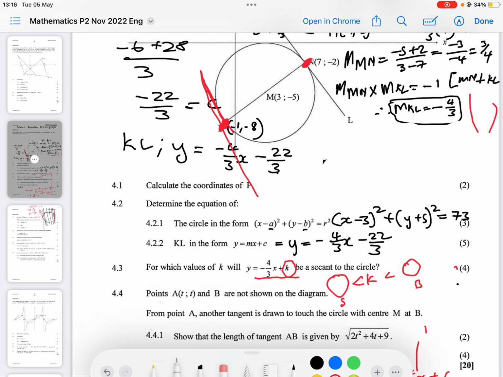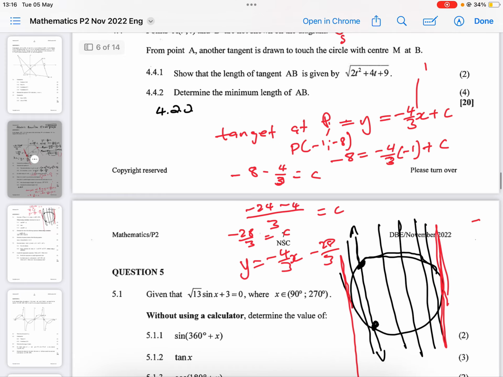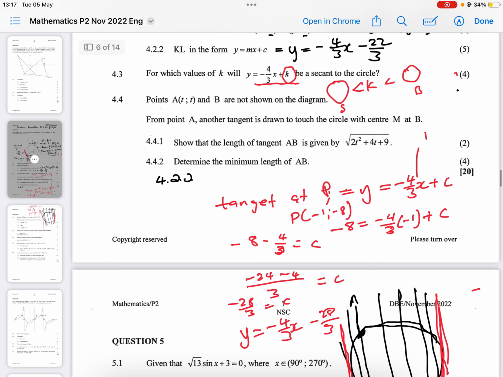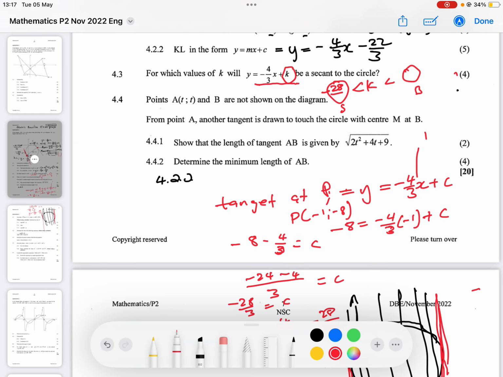The other tangent at P has 28 divided by 3, which is somewhere over 9. So obviously the smaller one is negative 28 over 3, and here you put the bigger value, which is negative 22 over 3. So that is k, 4 marks.